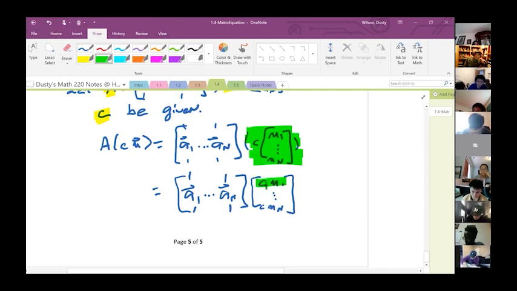So now what we recognize is that we can write this in terms of linear combinations. So we're going to use linear combinations.